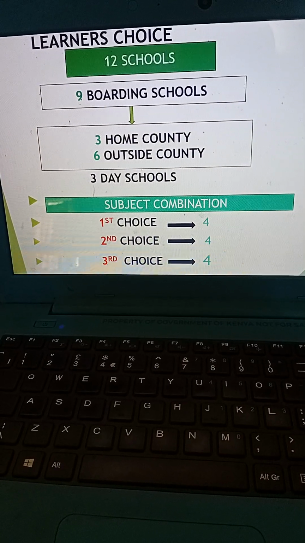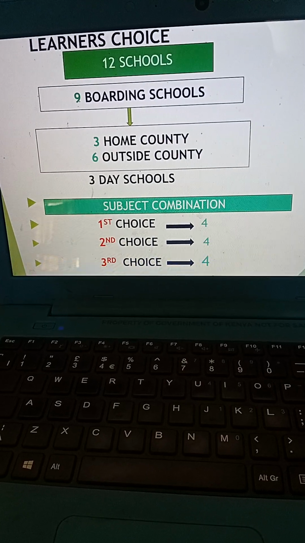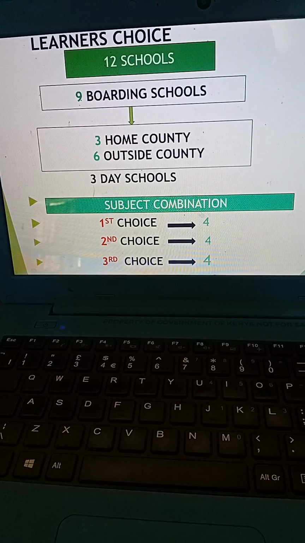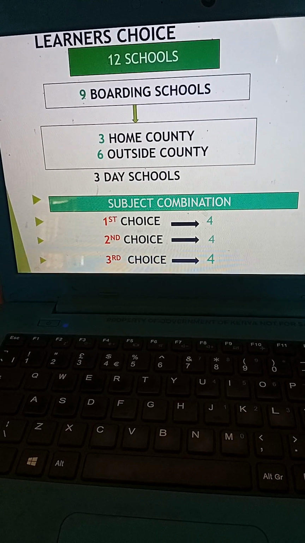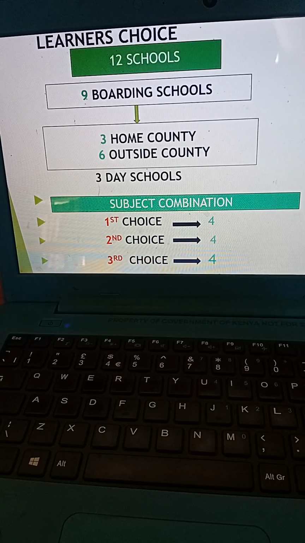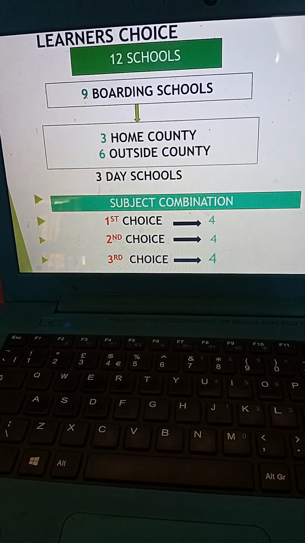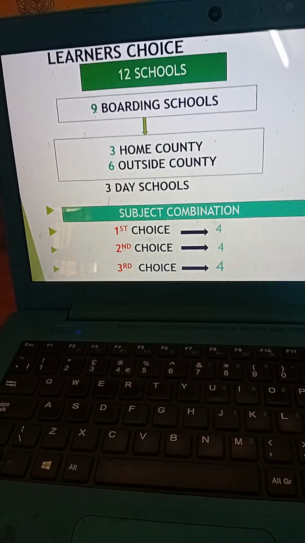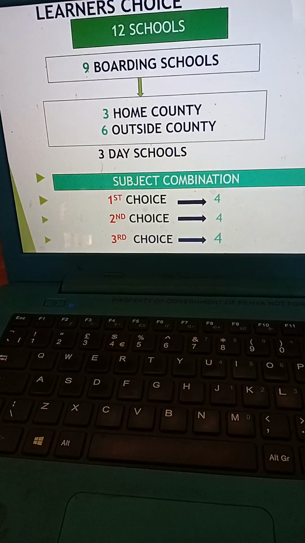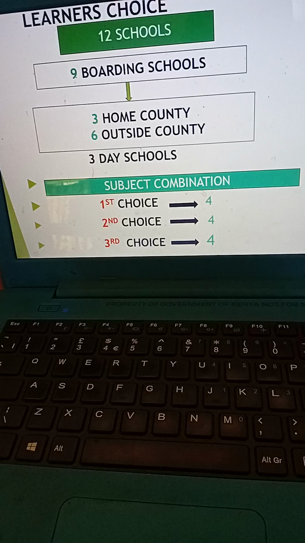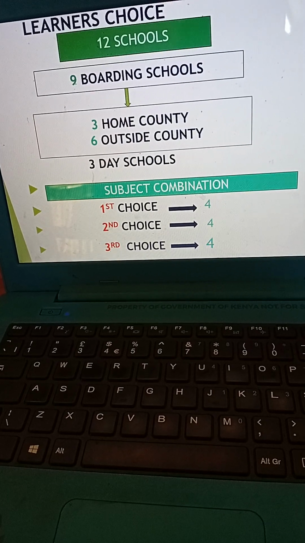And then we have subject combination. You're supposed to select 4 schools. For the first option, you select 4 subject combinations. For the subject combinations, we have the compulsory subjects, and the choice ones are the ones that you're supposed to choose.